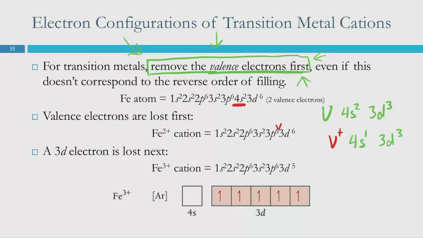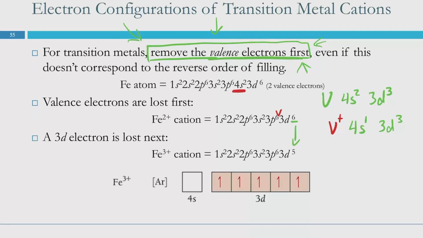And then once we get to our 3 plus, our ferric ion, then we take off one from our 3d subshell. So it goes from 3d6 to 3d5. So our orbital diagram for Fe3 plus would look like this. We've got our empty 4s and our 3d is half full. So 3d5 and an empty 4s.